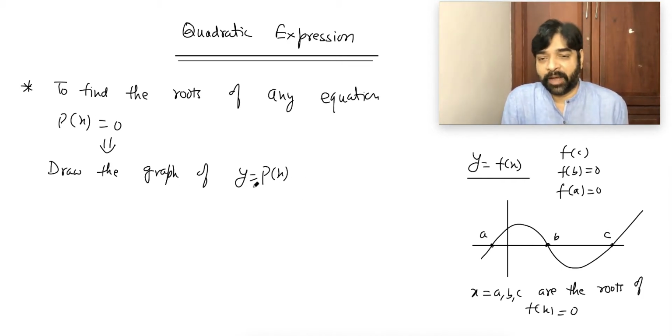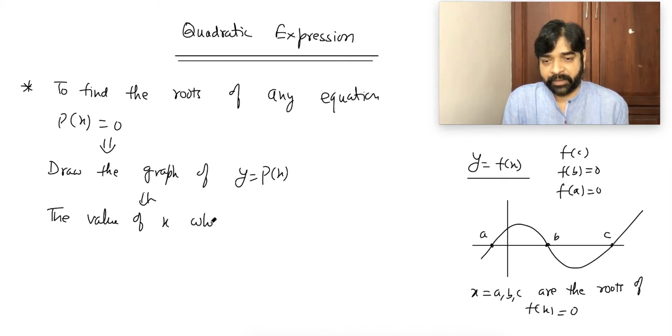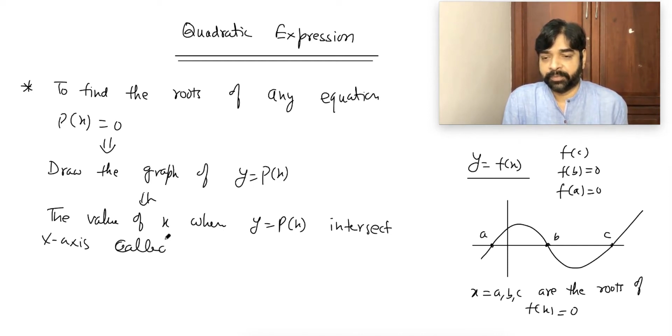So draw the graph of y equal to p(x). The values of x where y equal to p(x) intersects the x-axis are called the roots of p(x) equal to 0.